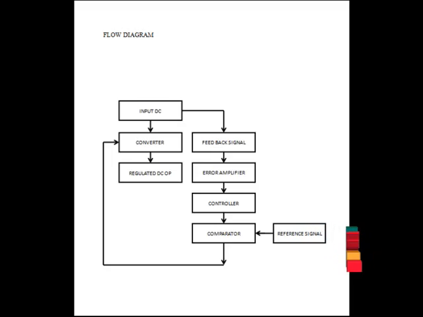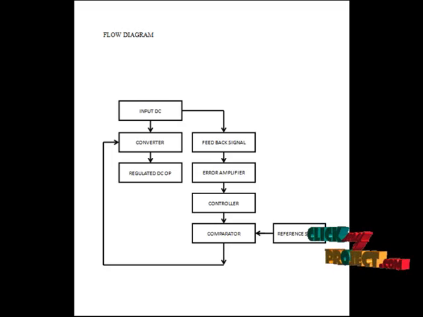In the first stage of our flow, we give the unregulated DC supply as input to our converter stage. Here it gets the controlled DC output at the load by using the feedback loop. From the feedback loop, it gets the controlled pulse generator to activate the switching devices in the converter circuit.